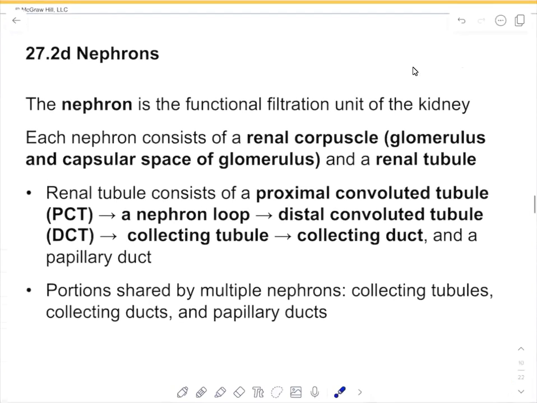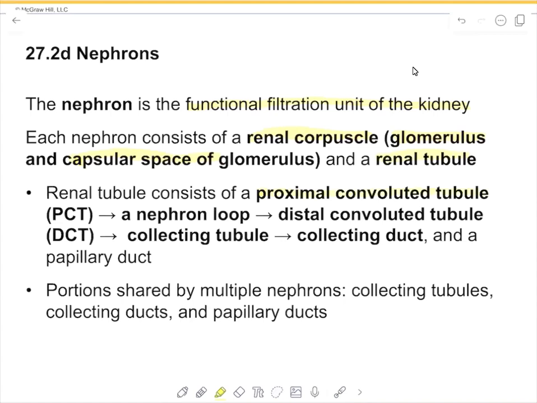Nephrons are extremely important. They are the functional units of the kidney where filtration occurs, and each nephron consists of a renal corpuscle, which contains a glomerulus and a capsular space of that glomerulus, and a renal tubule. The renal tubule has various parts.